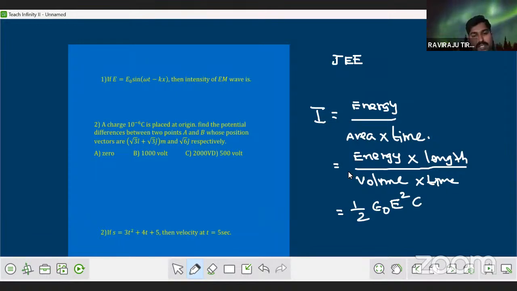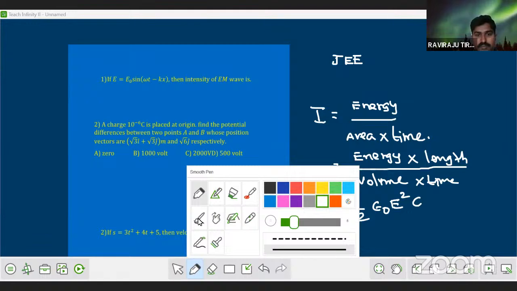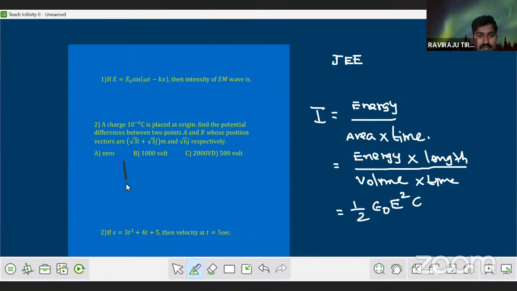What is the amount of charge given? 10 power minus 6. And it is placed at the origin. Somewhere, if I just draw some x and y axis.